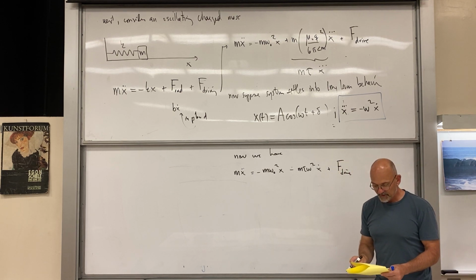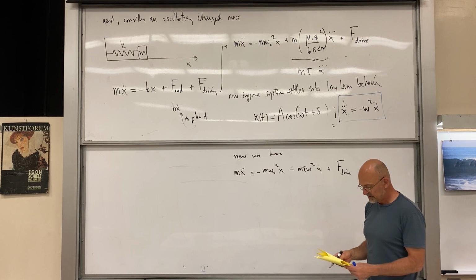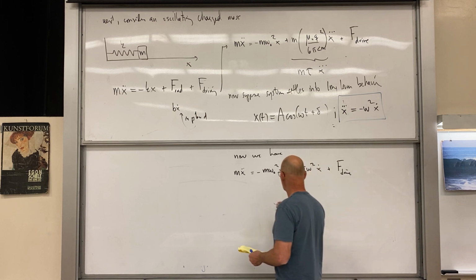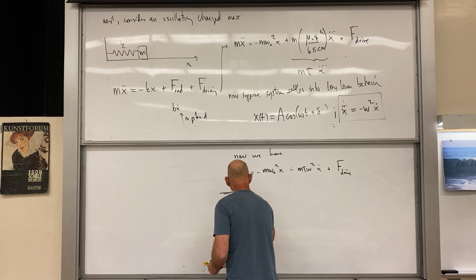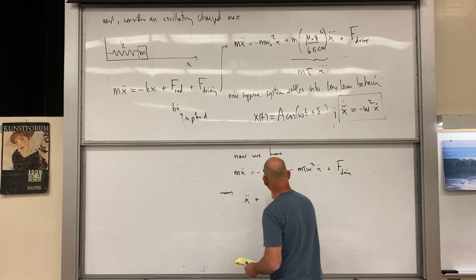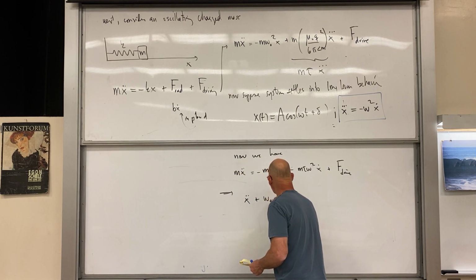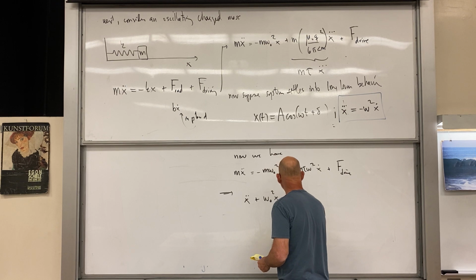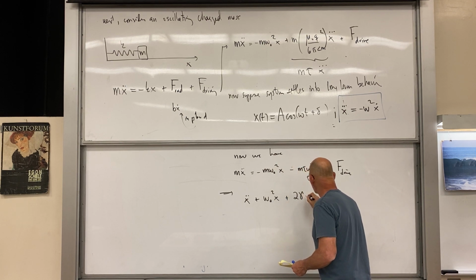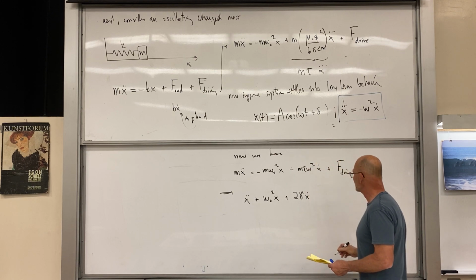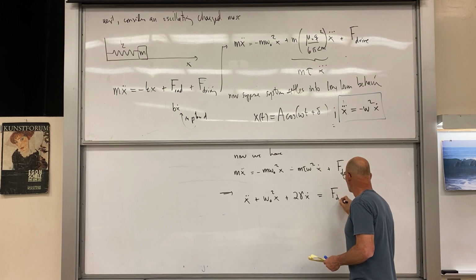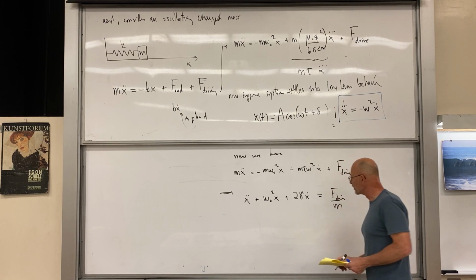I'll divide the whole thing by m to put it into the form you're accustomed to looking at. x second derivative plus omega naught squared x plus 2 gamma x dot equals driving force over m.